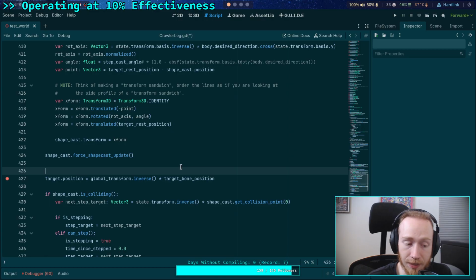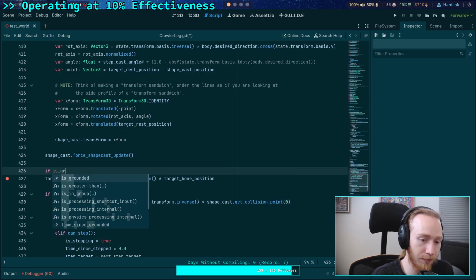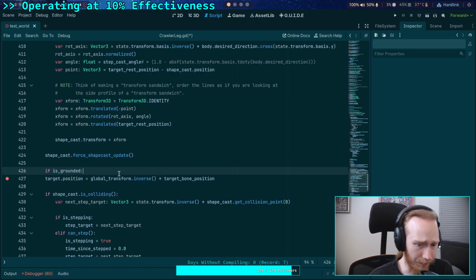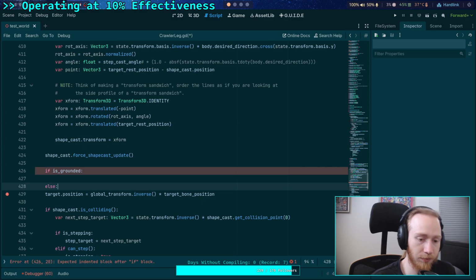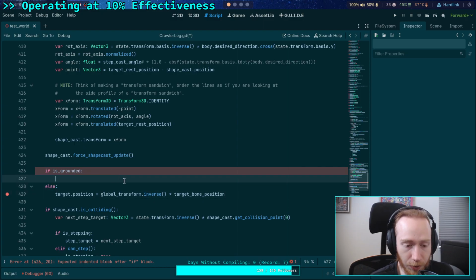And then if the distance gets too large, then I will follow. Or if I'm not grounded, then I'm just going to track with wherever the bone is and try to correct from there. But if I'm grounded, I really want this target position to stay where it's at. So if we're not grounded, I'm just going to follow it.